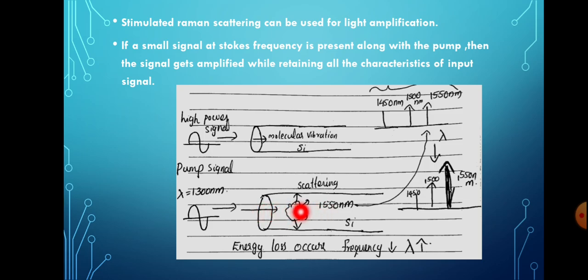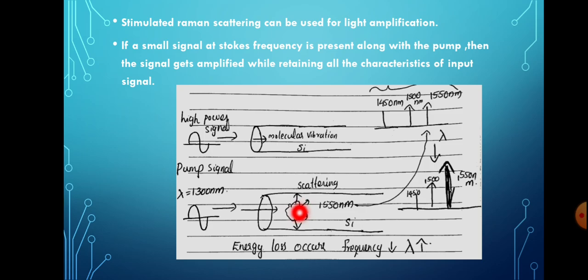So suppose it is now 1300 nanometer, after this scattering it will be 1550 nanometer. We know that a 1550 nanometer signal is already present here, right? The optical fiber is already transmitting signals at these wavelengths, and along with them we are transmitting the pump signal, which has high energy.